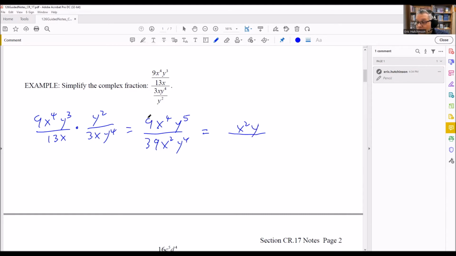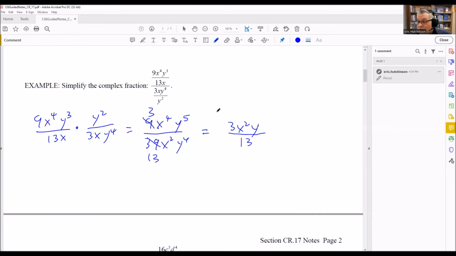And then if we reduce this, we can divide top and bottom by 3. Divide this by 3, and we'll get 3. Divide this by 3, and we'll get 13. So there'll be a 3 on top, but there'll be a 13 on the bottom, and that would be your answer.